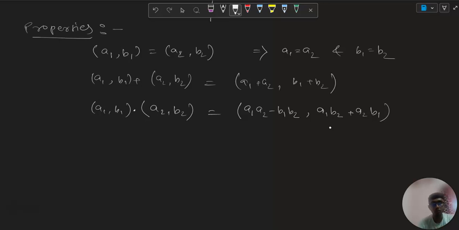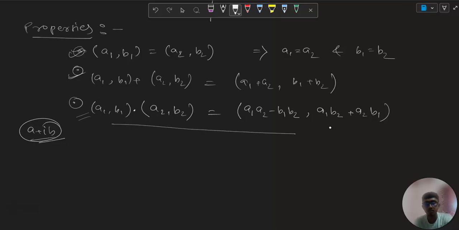Don't worry, I'll show all of this. These first two properties are very trivial if we try to prove them using the a plus iota b representation. I'll show you this third one, how this multiplication holds for complex numbers.